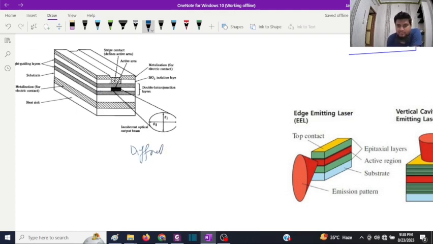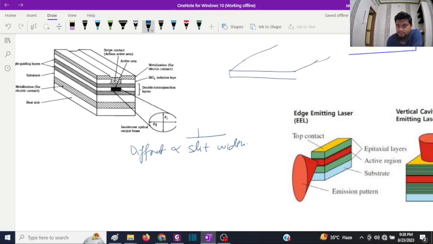Of course, diffraction is proportional to 1 by slit width. Smaller slits will give you more diffraction. If you see the layers, it will be something like this.